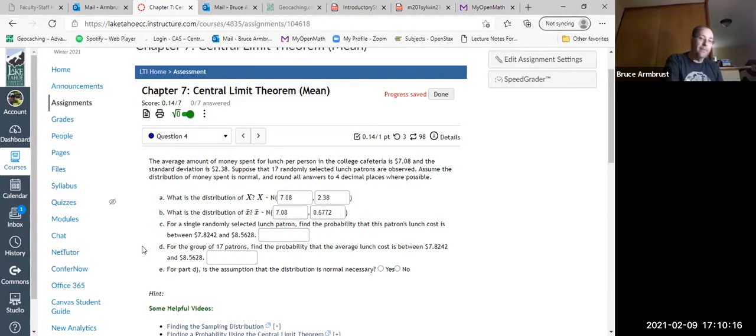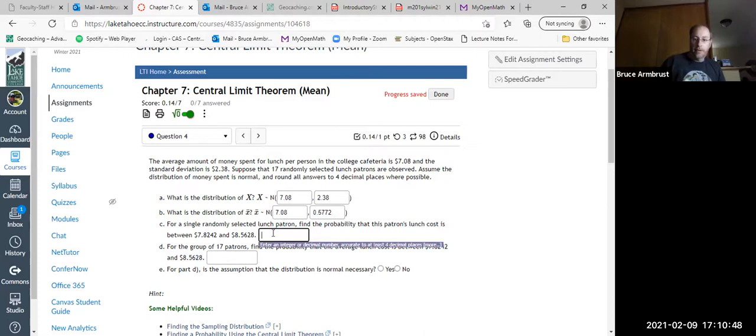Okay, so when I go and I do my CDF, my normal CDF, I'm going to put the lower bound of 7.8242, the upper bound of 8.5628. My mean will be 7.08 because it's the mean regardless. But for the standard deviation, I'm going to put 2.38. All right, so my calculator just did that for me.